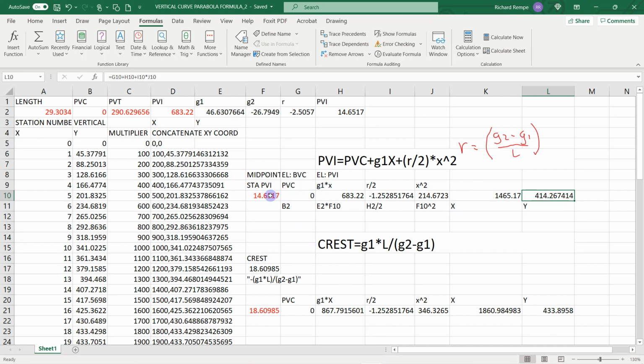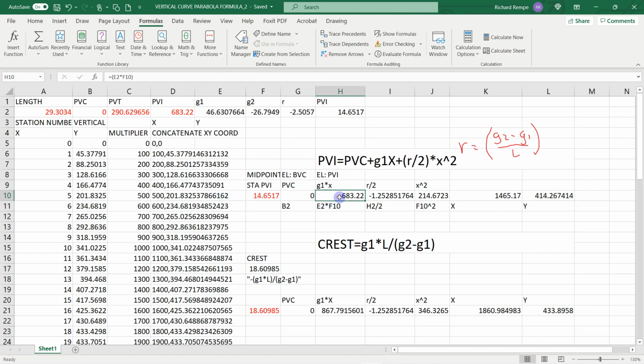So what I've done was, this was the x, right? If I'm given x, you try to find out what's y. And let's see. PVC, point of vertical curvature, that's a given, that's 0, right? The station that we're starting at. And G1 times x. So if you go here, you look at G1, 46 times x. So we're going to say E2 times F10.